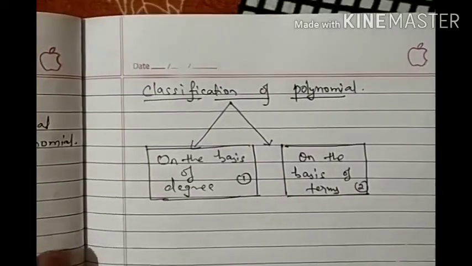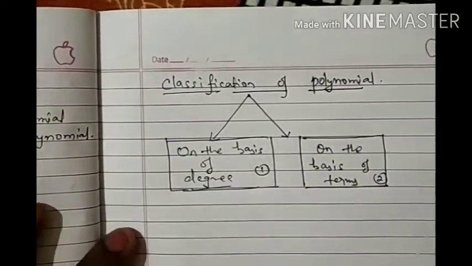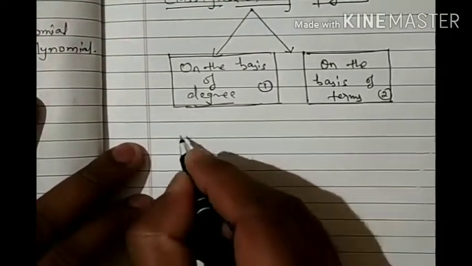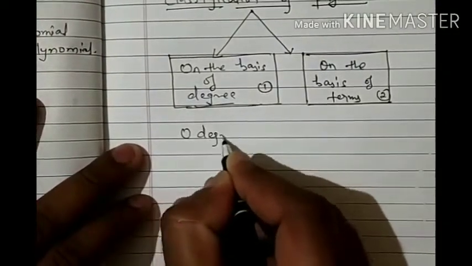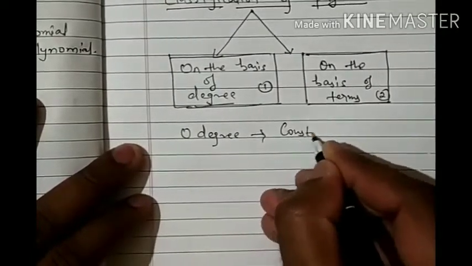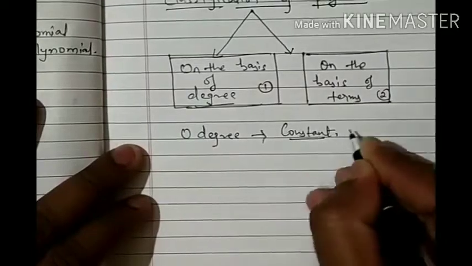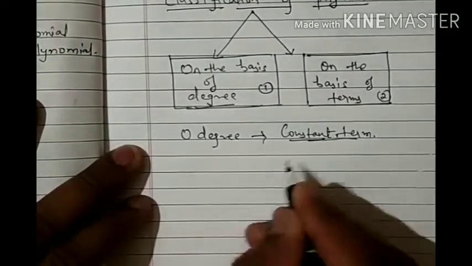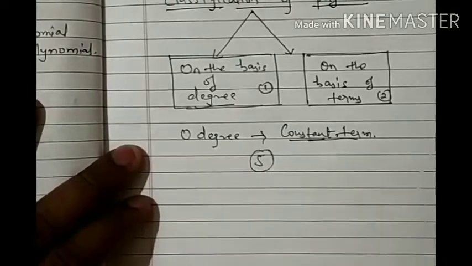Let us understand why I am saying on the basis of degree. If any expression has 0 degree, it will be a constant term. How constant? Because we can write 5. What is 5? 5 is a constant term.